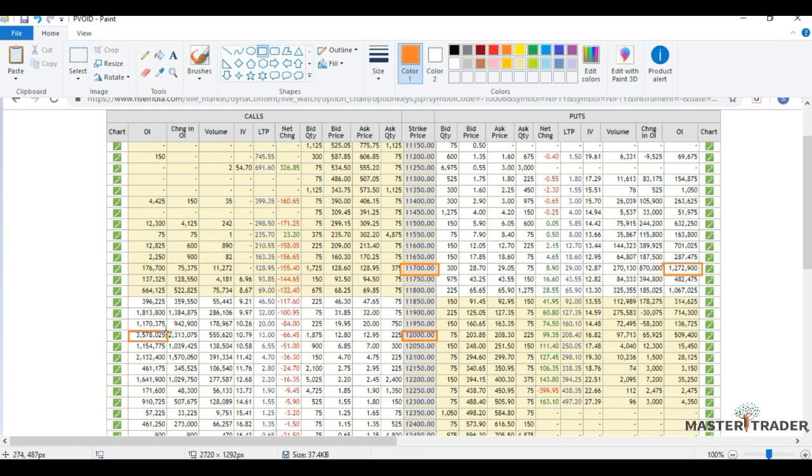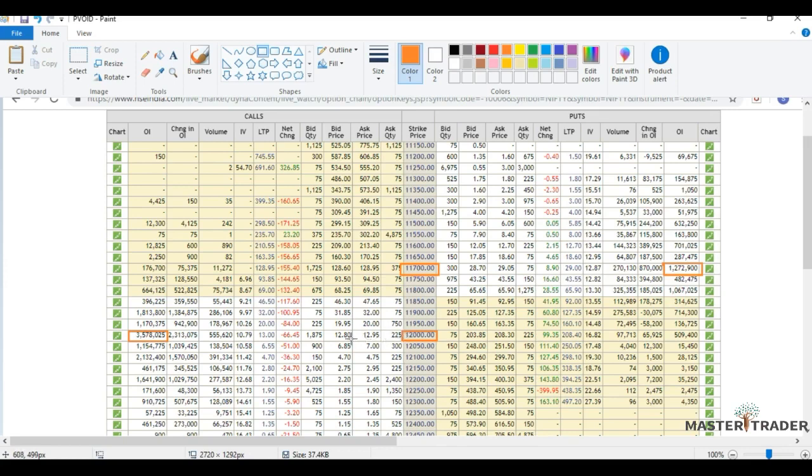If somebody is selling a call option, does that mean they are bullish on the market or bearish? This simply means that this many traders are bearish on the market, right? So 35 lakh contracts have been written at the 12,000 level, which means this many contracts are bearish at this particular level, 12,000.